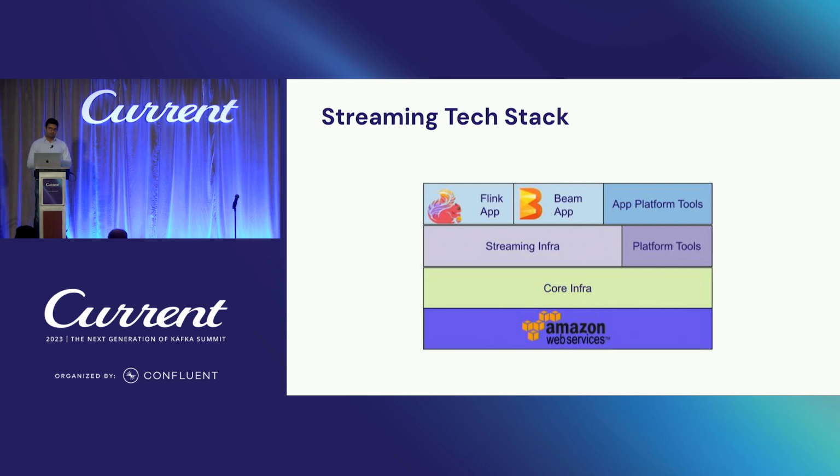Then on top of it is the streaming infrastructure, which consists of PubSub plus other streaming apps. Then you have platform tools, and I will talk more about the different tools that we developed at Lyft. On top of that we have Flink apps and Beam apps. And then the product teams or even the platform teams develop their own tools on top of it.